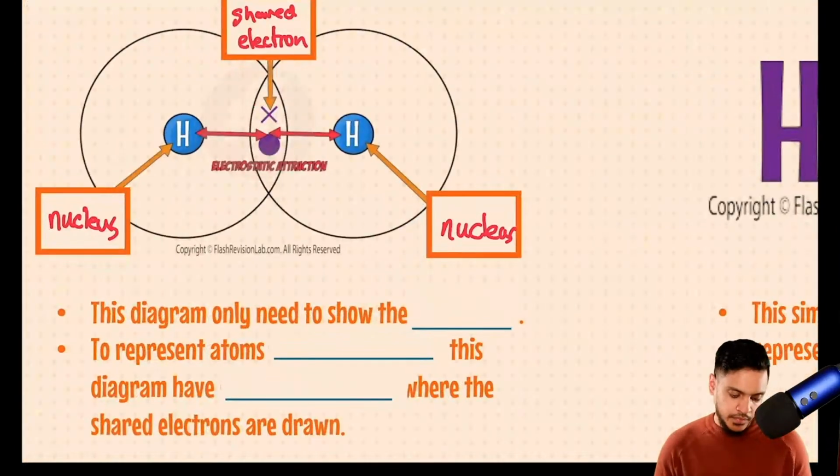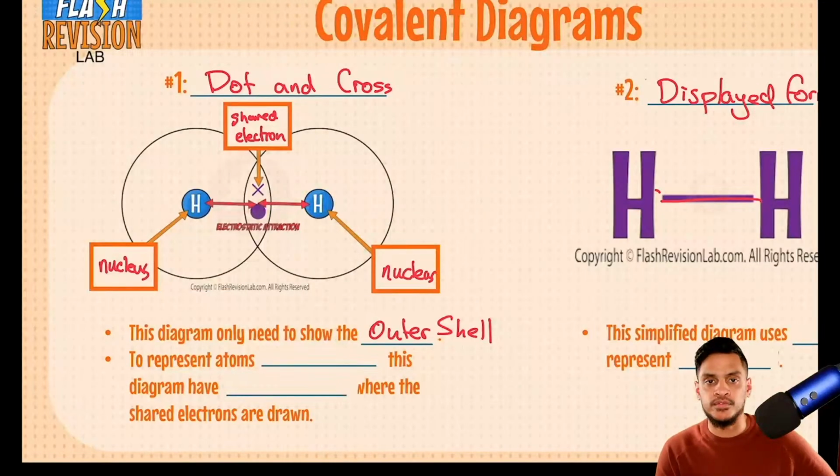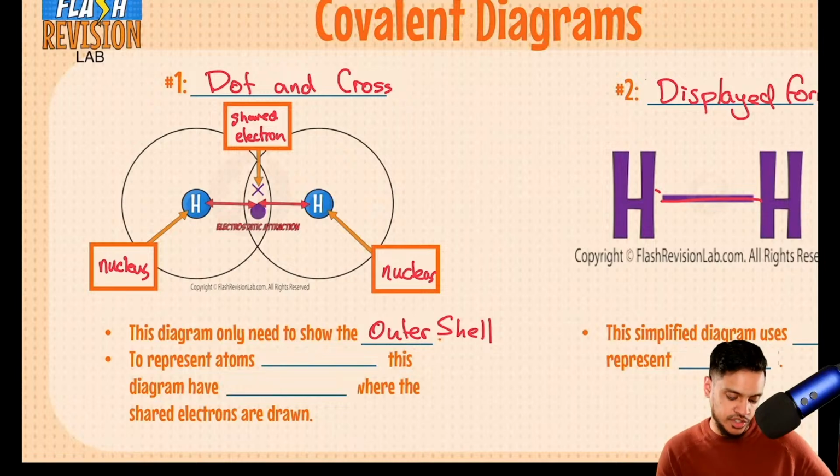This diagram only needs to show the outer shell, because you can have up to 4 shells for GCSEs. In a covalent bonding diagram, you only need to show the outer shell. And it basically represents atoms sharing electrons with the overlapping shells.